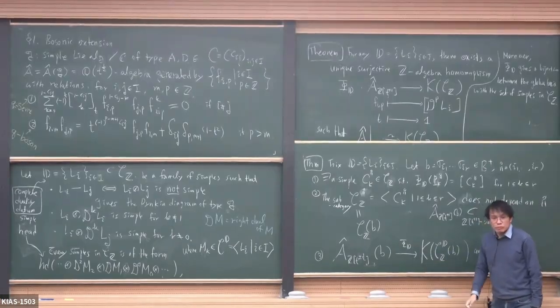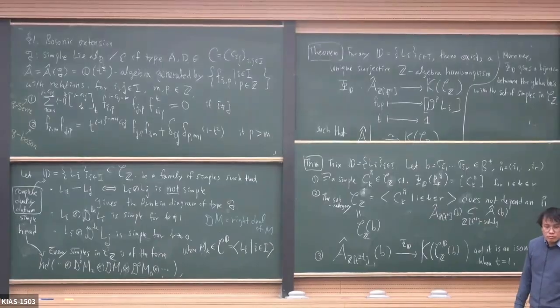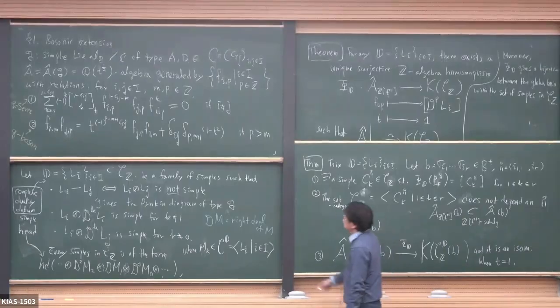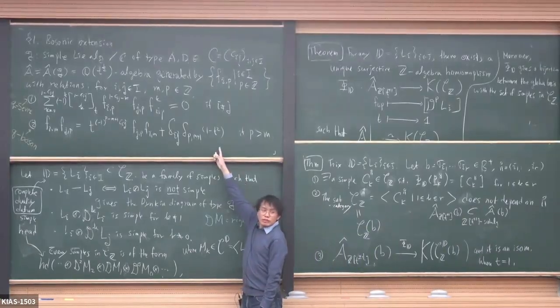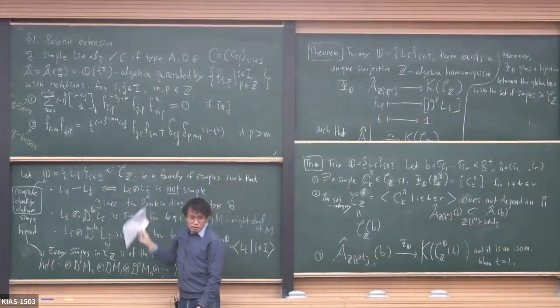What does that mean in the sense of the Bosonic extension? If you put T equal 1 here, then there are no extra terms, so they are commuting.